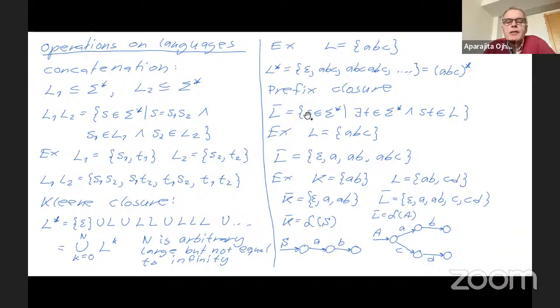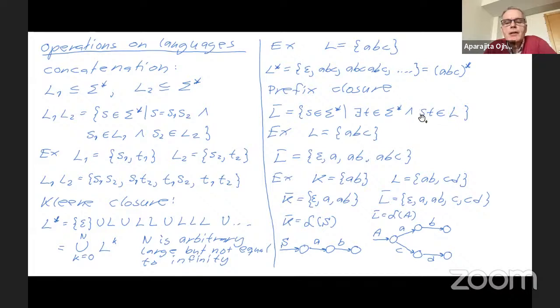So it's S, an element in sigma star, such that there exists a string T in sigma star, and that ST is also a member of the language.